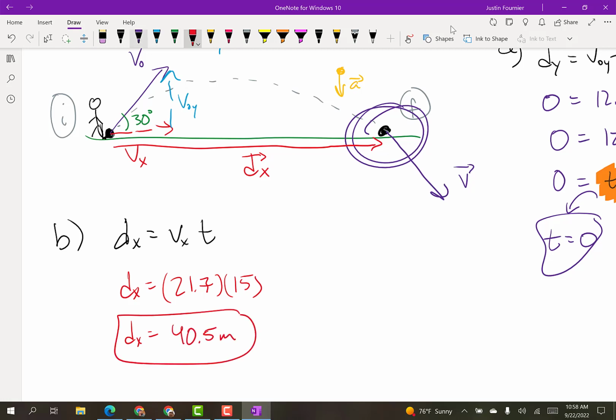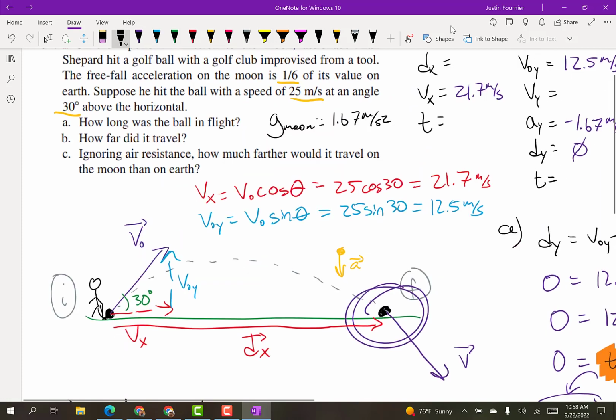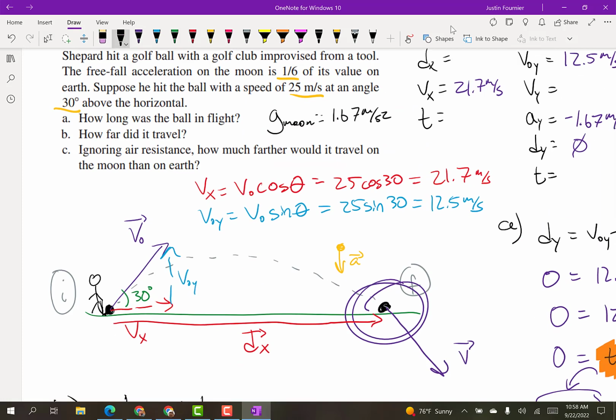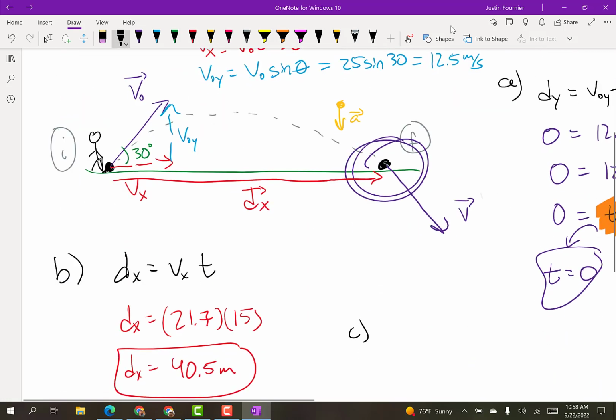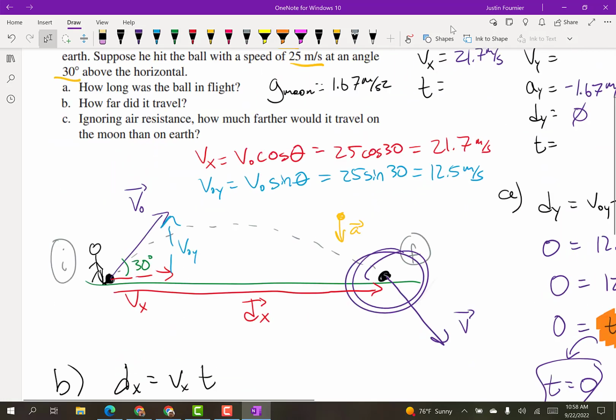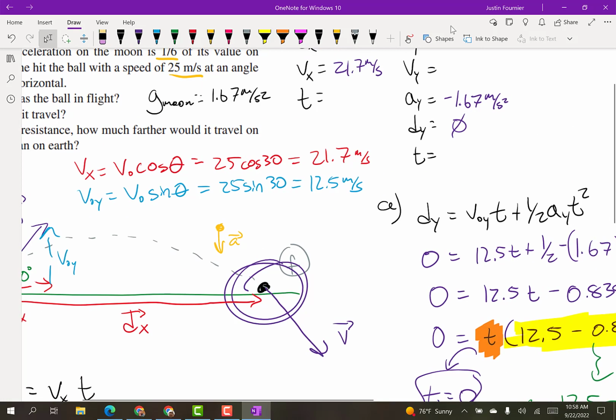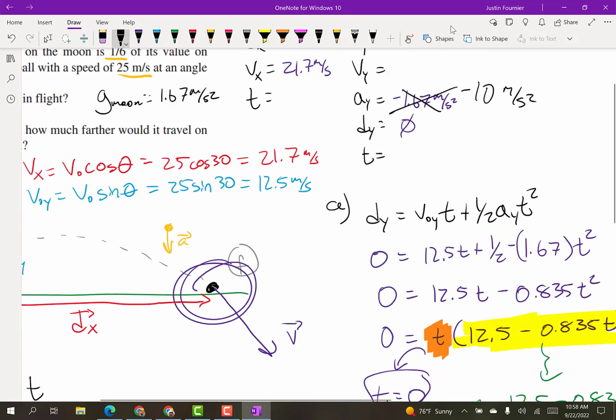And then lastly, for part C, what do they say? Ignoring air resistance, how much further would it travel on the moon than on Earth? So basically, I have to find out how this would work on Earth. The only difference is that my acceleration is going to be negative 10 meters per second squared. Everything else would remain the same. Nothing else is changed by the fact that we're on Earth.